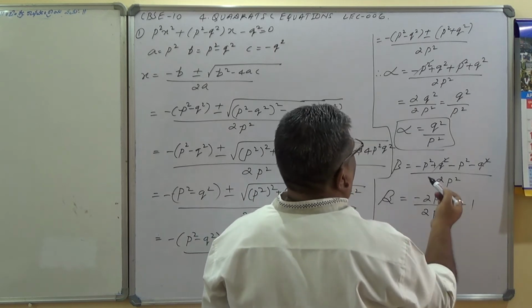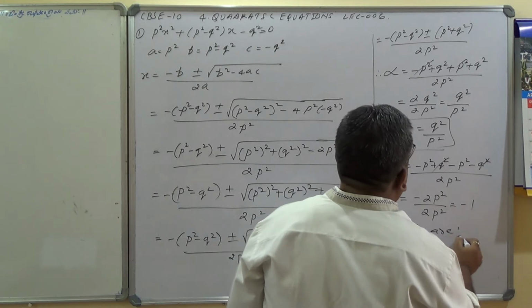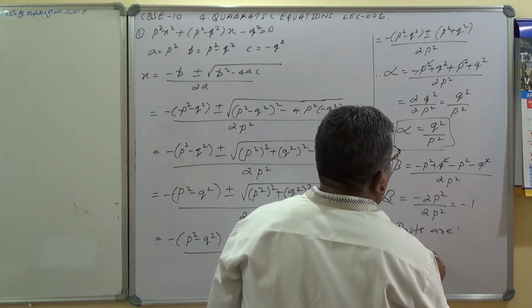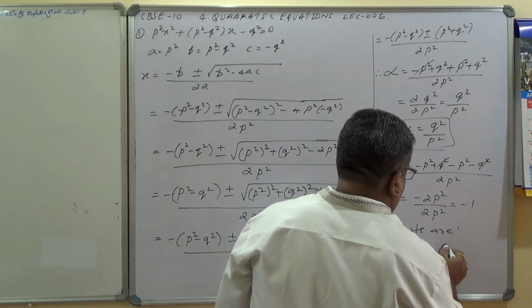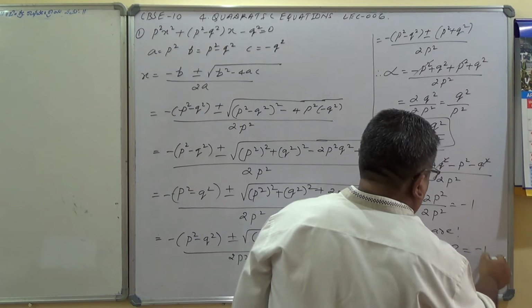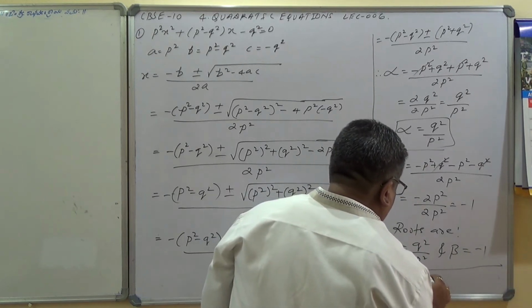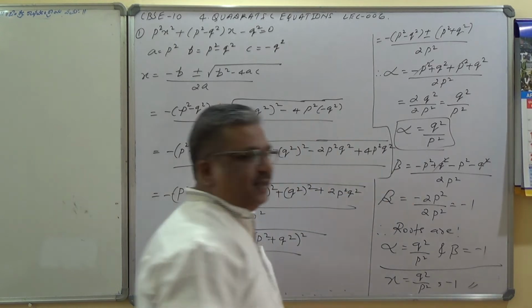Therefore the two values of the roots are alpha equals q square by p square and beta equals minus 1. This can also be written as x equals q square by p square, comma, minus 1. That is the answer.